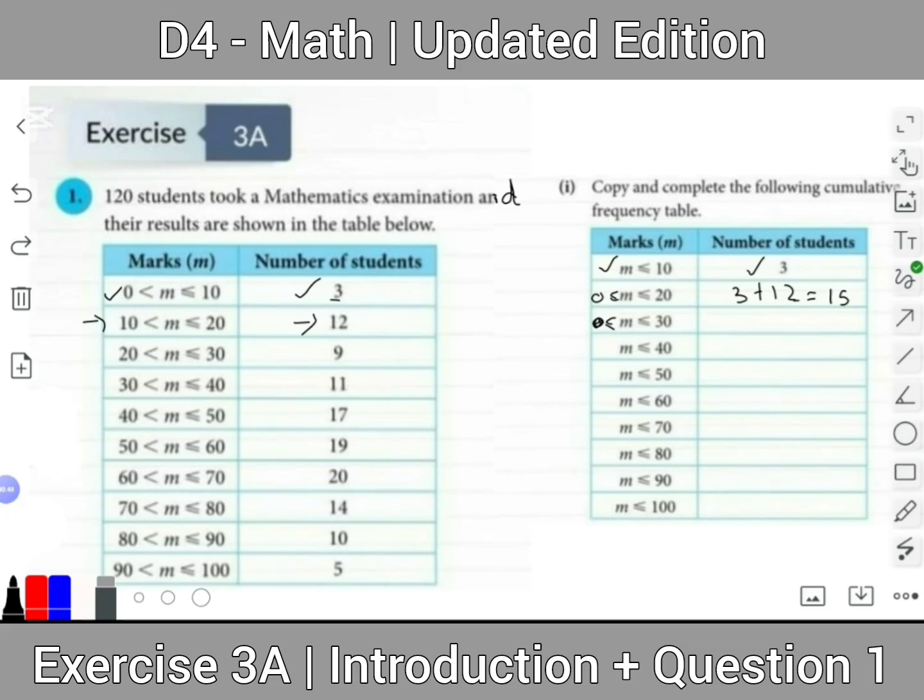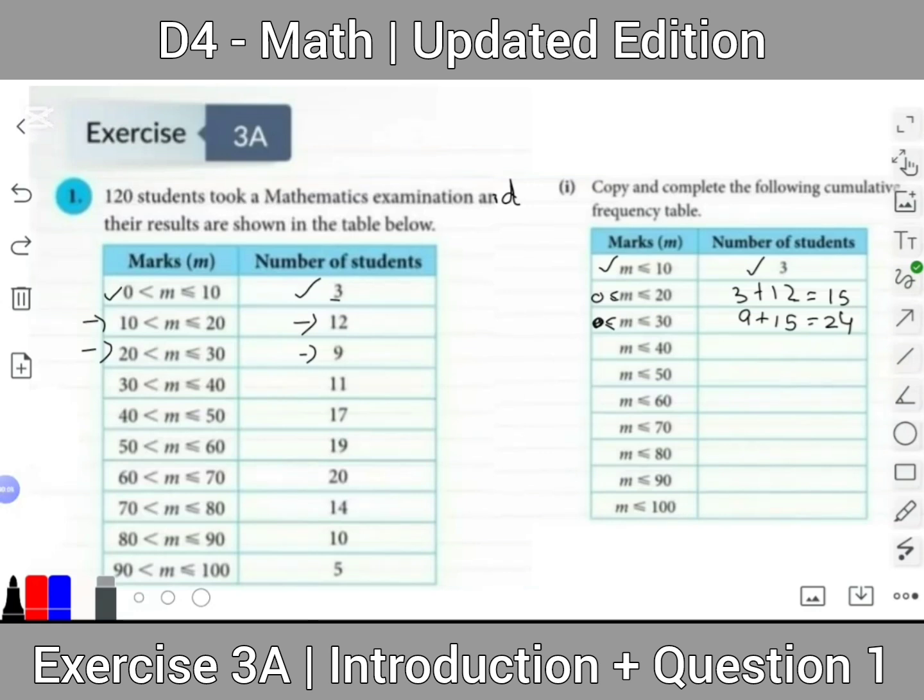And then we could just add the new frequency of 9 onto the previous total. So 9 plus 15 gives us the cumulative frequency of 24. We then just repeat this process all the way to the end of the table.